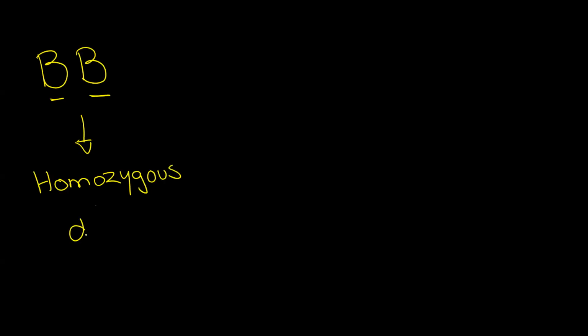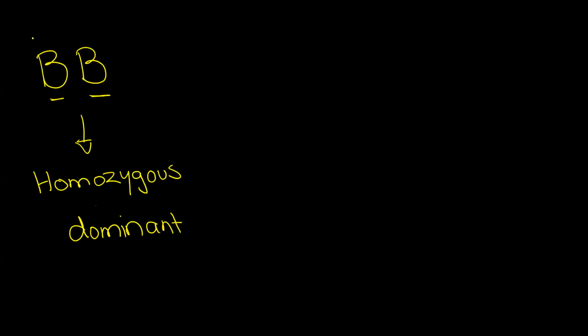If this is your genotype, you inherited two dominant alleles from your parents, because both alleles are the same and they are both dominant. This genotype is described as what? Who remembers? Homozygous dominant. Those who are new, don't worry at all, it's actually very easy.